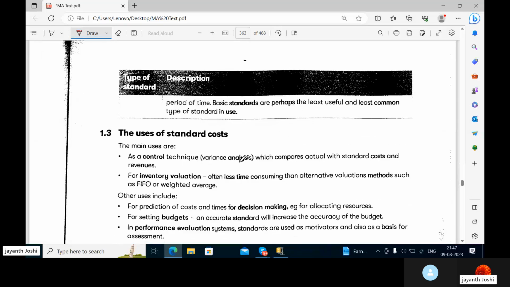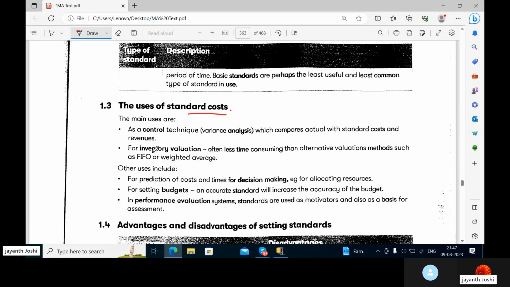So the uses of standard costs. See, standard costs are very important to find out the cost of a product or for inventory valuations. And also it is very important for variance analysis. How? See, let's say the raw material standard cost. There are many types of variances you will be looking at.